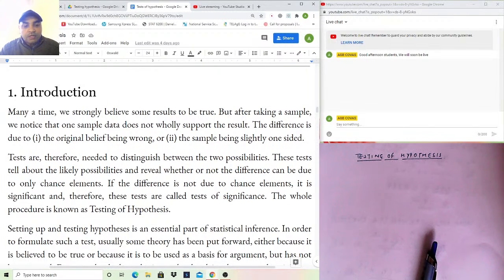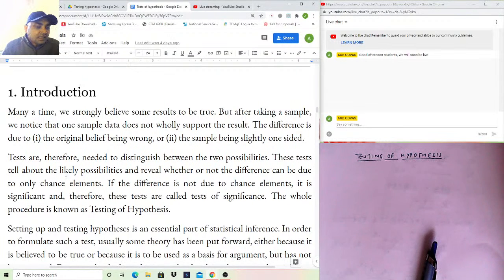So there may be two possibilities: either I was wrong, or there may be some sampling error. Therefore, for any belief or hypothesis, we need a test to identify these two possibilities, whether this difference is due to the sample being slightly one-sided, or due to our wrong belief or wrong hypothesis.